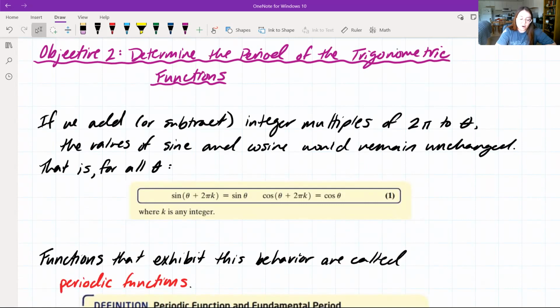That is, for all theta, sine of theta plus 2 pi k, k meaning any multiple of 2 pi, so k can be like 2, then that would be 2 times 2 pi, so 4 pi, is equal to sine of theta, while cosine of theta plus 2 pi k is equal to cosine of theta, where k is any integer. So this just means that sine and cosine have a period of 2 pi. That means the values are going to be the same for every 2 pi that you jump forward or backwards.